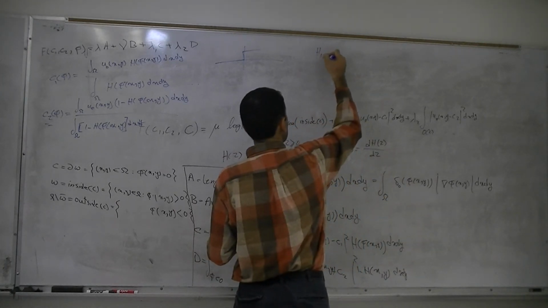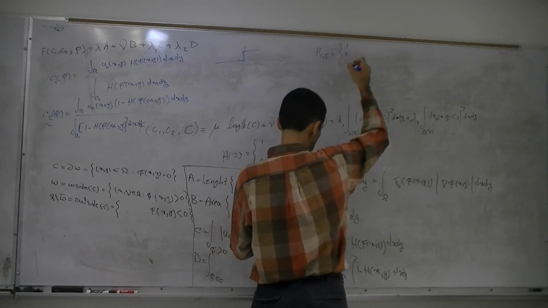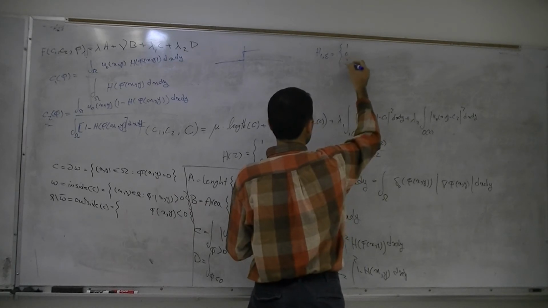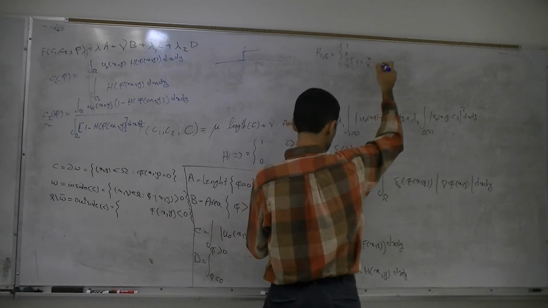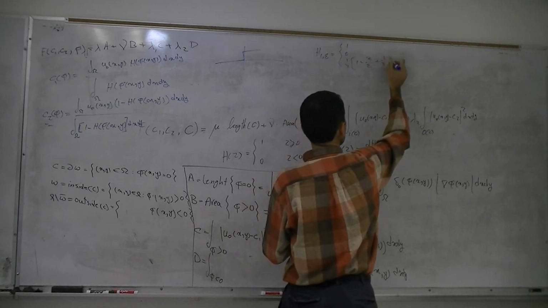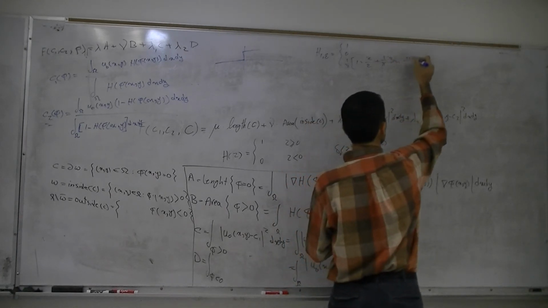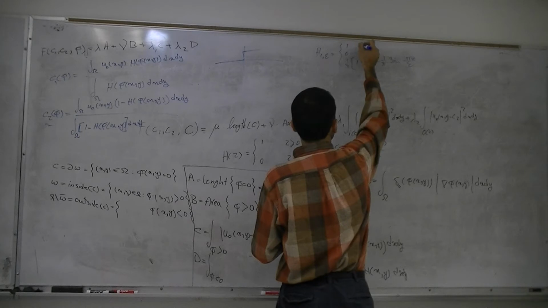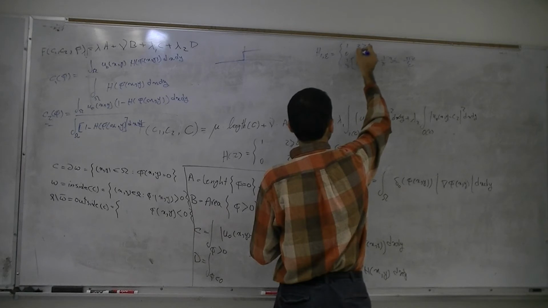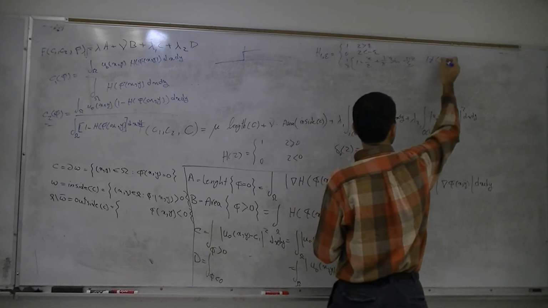H1 of epsilon is equal to 1 over 2, 1 plus c over epsilon plus 1 over pi sine of pi c over epsilon, which is 1 when c is bigger than epsilon, 0 when c is smaller than minus epsilon.